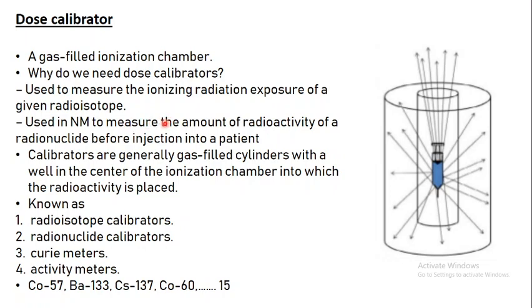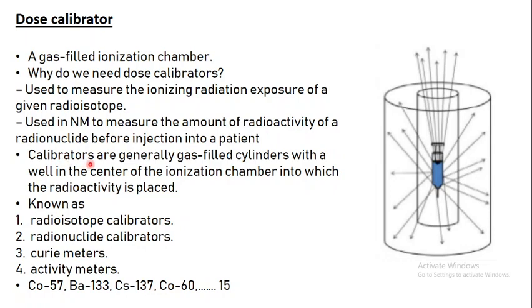If we don't use calibration, no one knows how much radioactivity we have injected into the patient's body, and that is not fruitful, and sometimes it can be fatal for the patient as well as the oncologist who is working to treat the patient.